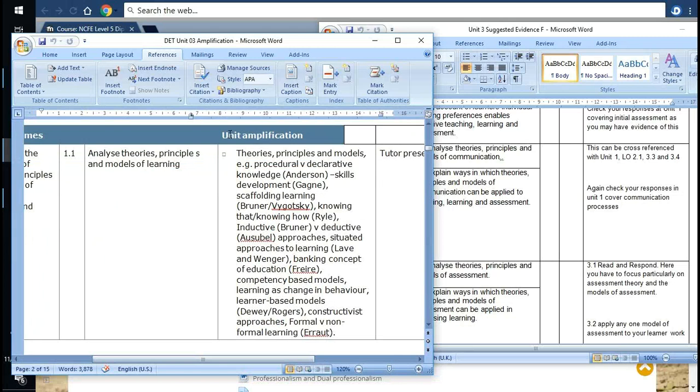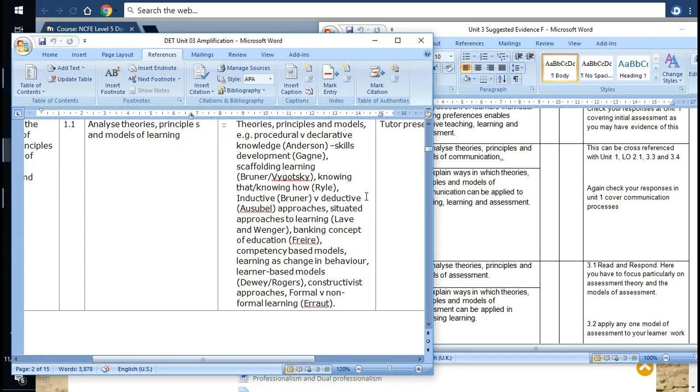So we're going to be looking at theories and principles and models: Anderson skills dependent, Gagné, scaffolded learning, Bruner and Vygotsky, of course, who are regulars. Knowing that and knowing how, there are a number of things to look at on here to give you some background for what you're going to write, basically.